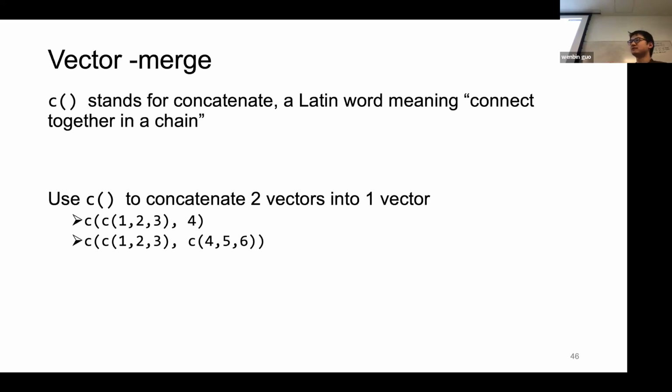You have 2 things, you want to collect them into one thing using a chain. So for example, here you can combine 2 vectors into one vector, or combine one vector and a scalar value into a final single vector.